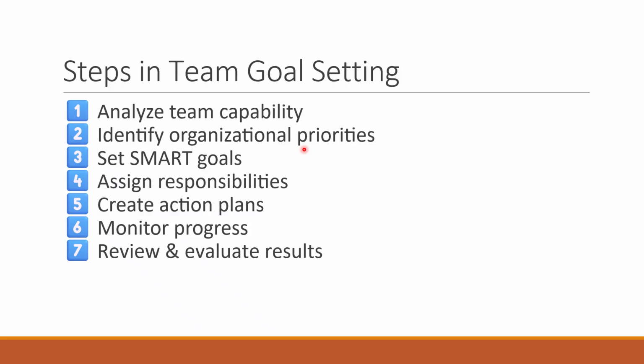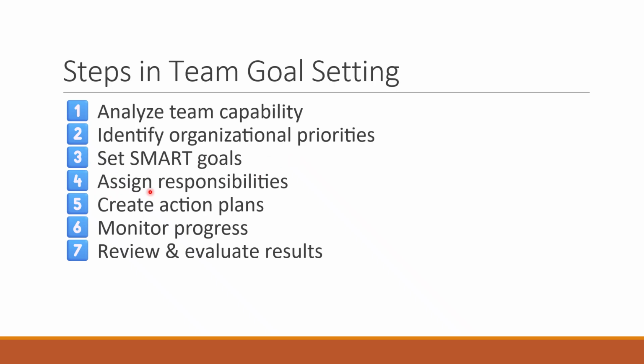Whatever goals we are setting must support the larger mission ultimately, right? Then we move on to setting SMART goals, which should be clear, measurable, and time based. This step provides the base for the team members to start working on their goal.